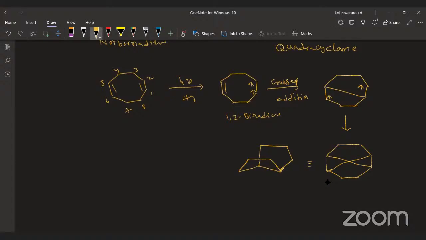Actually, this is the non-planar structure, and this representation shows the planar structure.